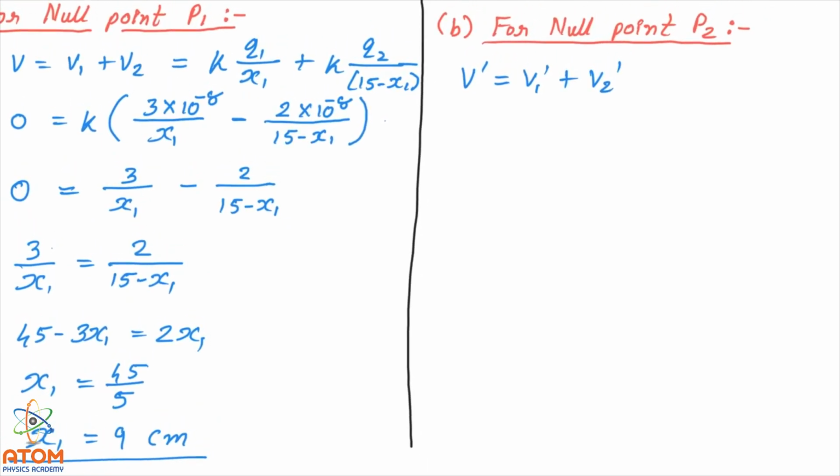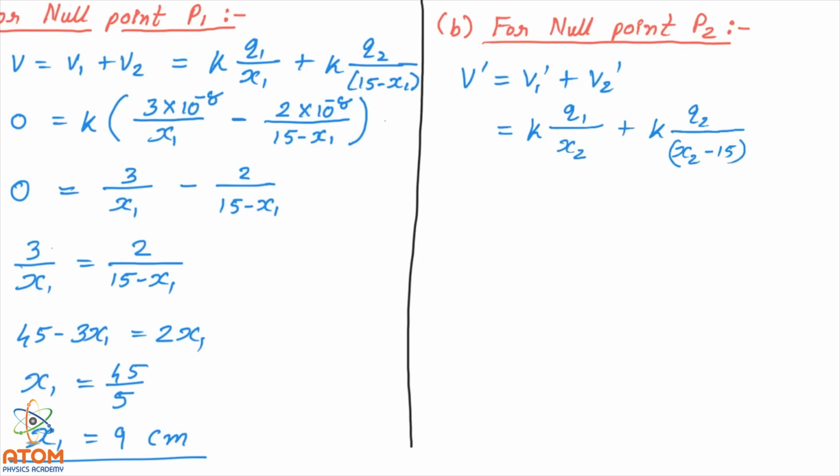Here it is now. This is kq1 upon x2 plus kq2 upon x2 minus 15. This is x2 minus 15, remember.